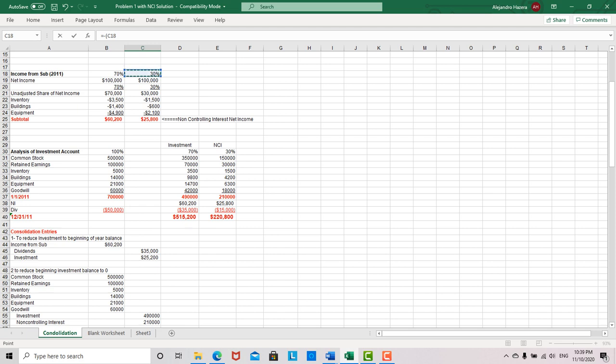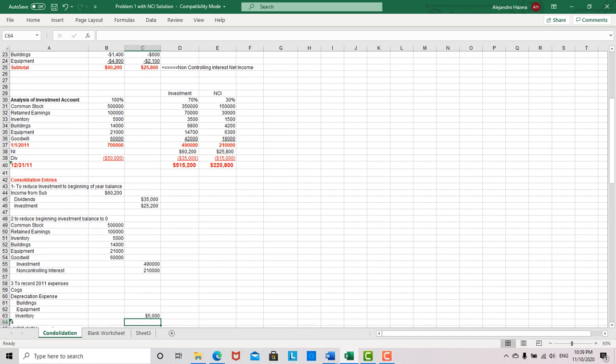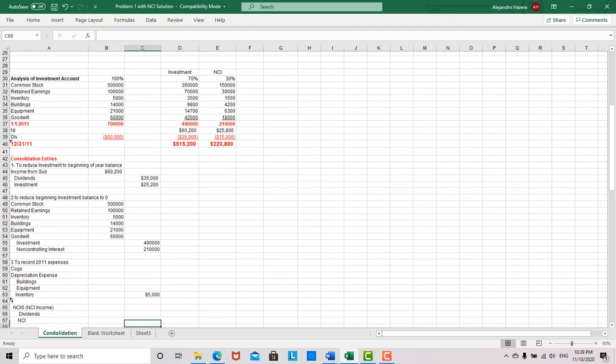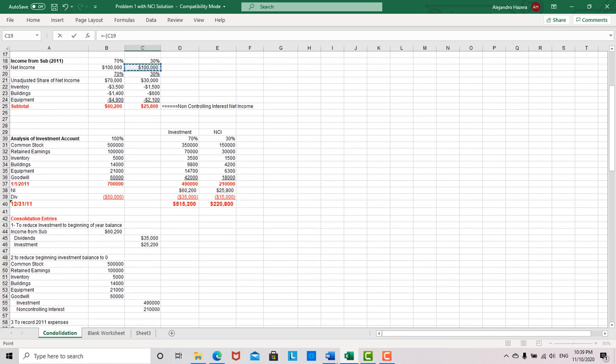So we're going to take out the entire 5,000 by which the inventory was written up because all the inventory has now been taken out. Next, equipment. Doesn't matter, we'll do the equipment, then we'll do the buildings, just slightly out of order.